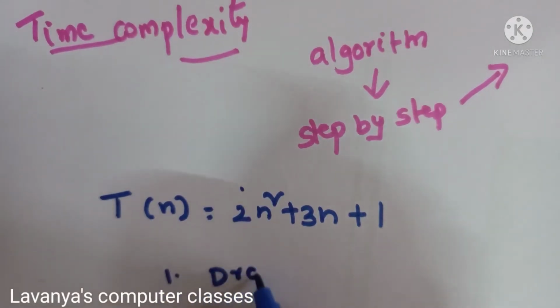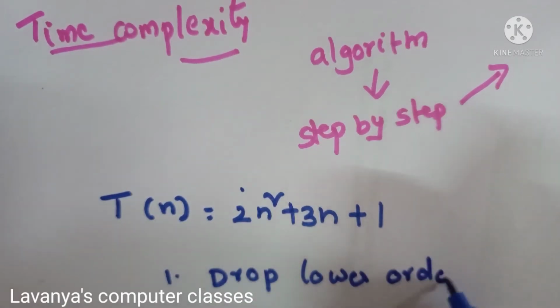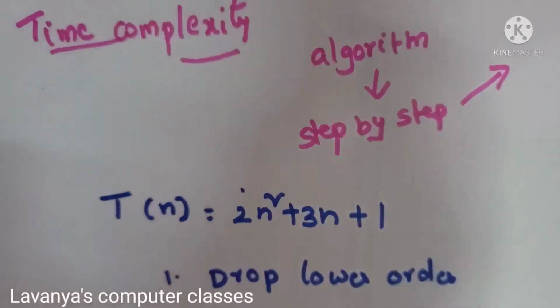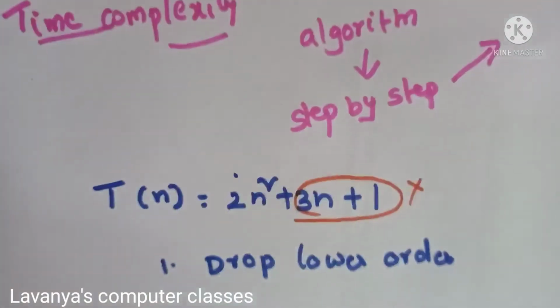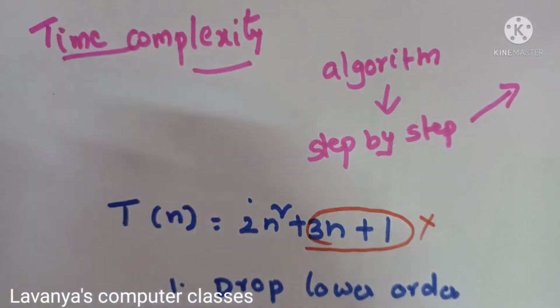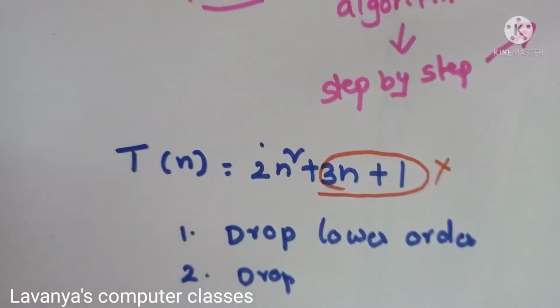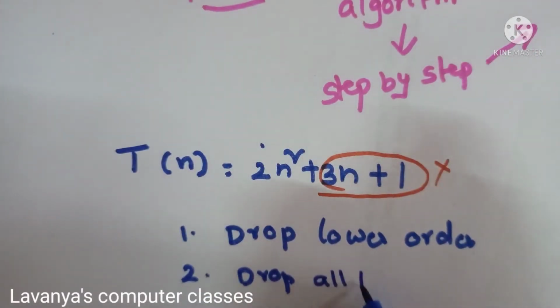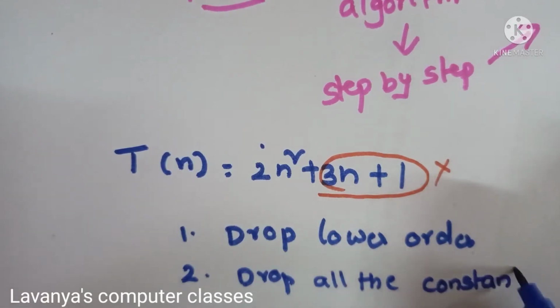So for finding the time complexity of this line, first drop all lower order terms. What is the lower order term? That is 3n plus 1. So just removing 3n plus 1. The second step is drop all the constant multipliers. In this, which one is the constant multiplier? That is 2. 2n square, in this constant is 2.